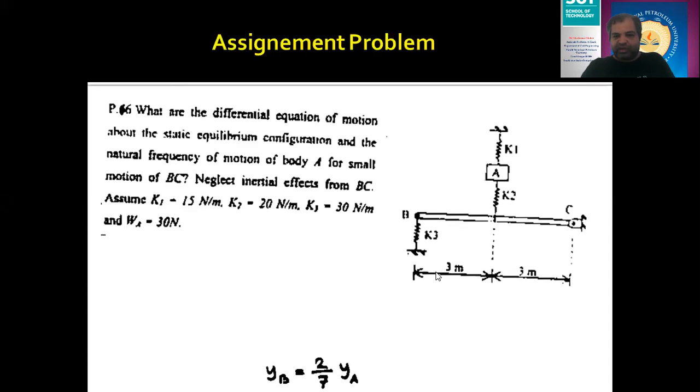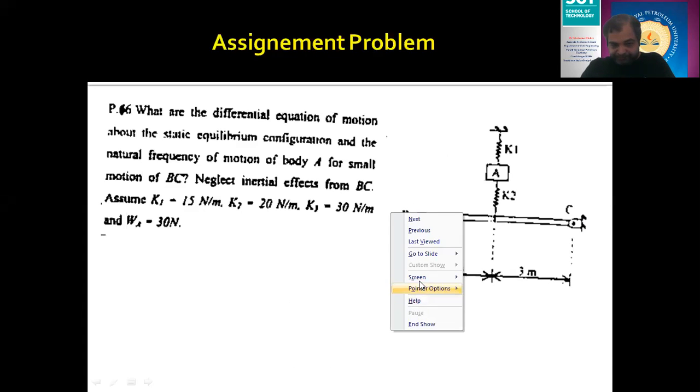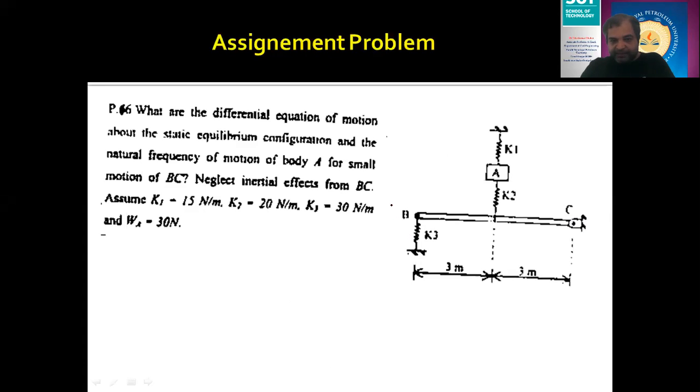First, I am trying to draw this BC. Suppose you give a push in this direction, then this particular beam will vibrate in this way. So first I will draw this BC as the first thing in the free body diagram.